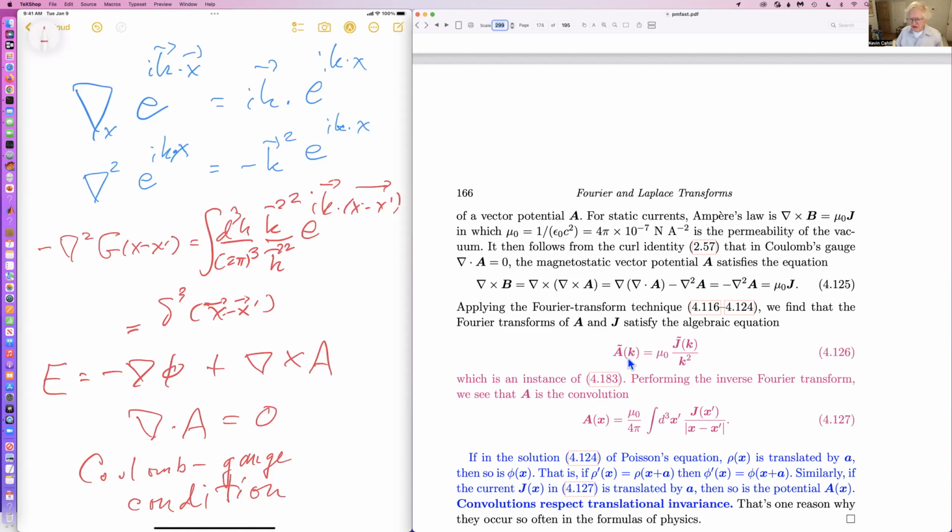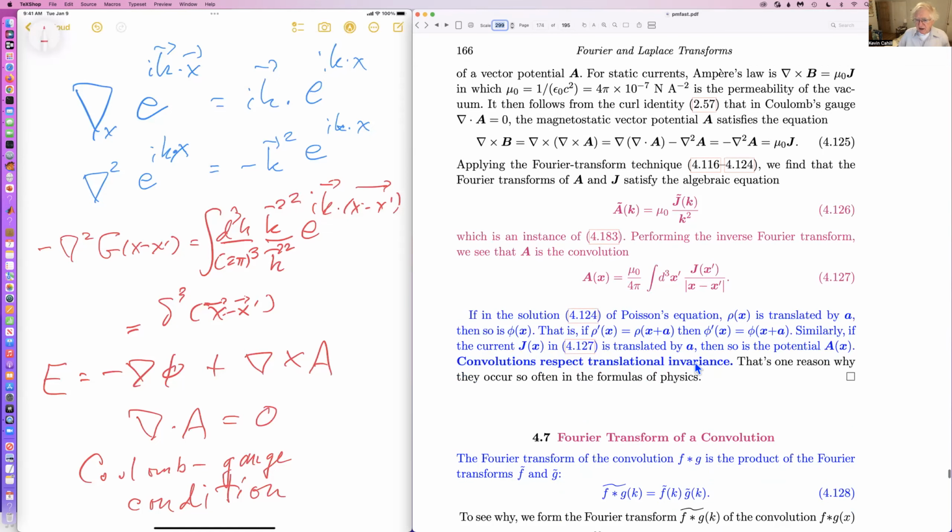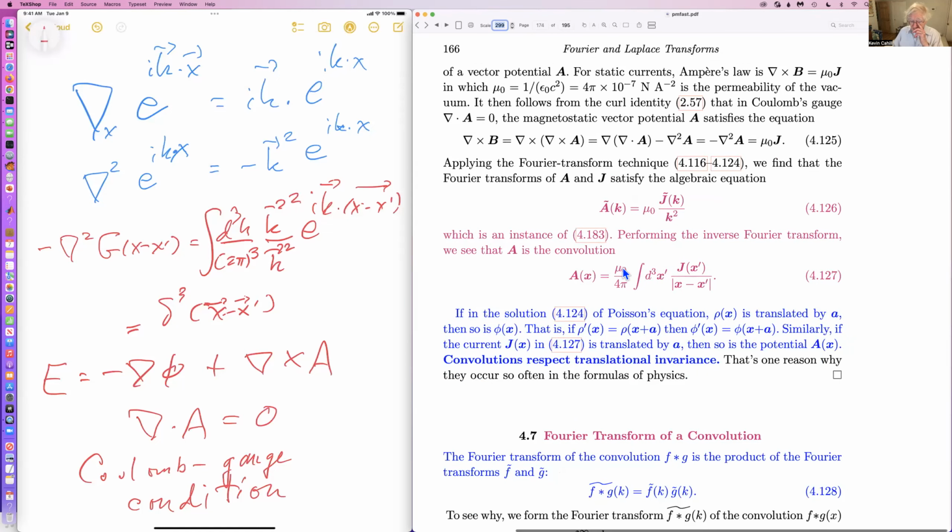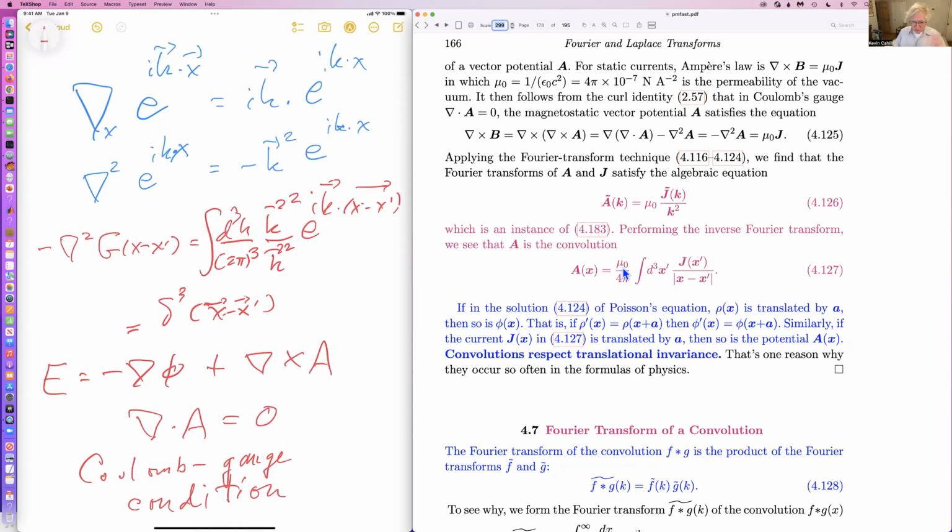And what we find is that the Fourier transform of the vector potential is the permeability of the vacuum times the current density divided by k squared. Going through the same thing as with the scalar potential, we find that the vector potential is an integral of the current density divided by the distance times mu 0 over 4 pi.